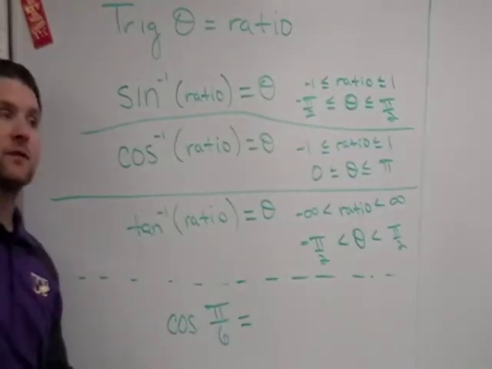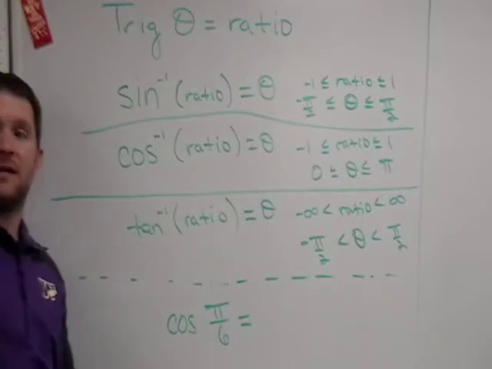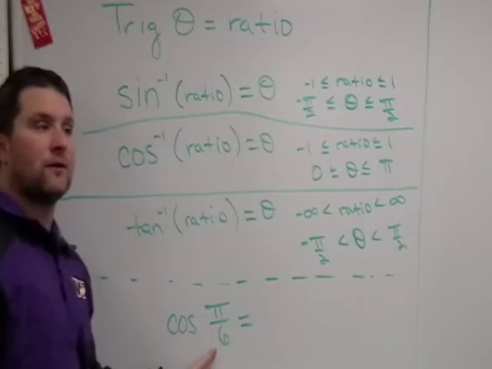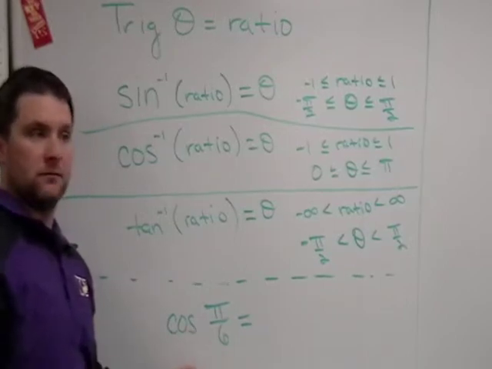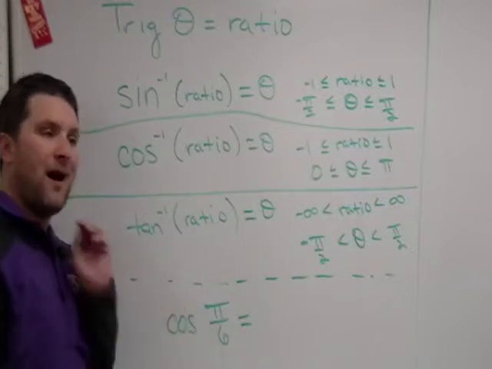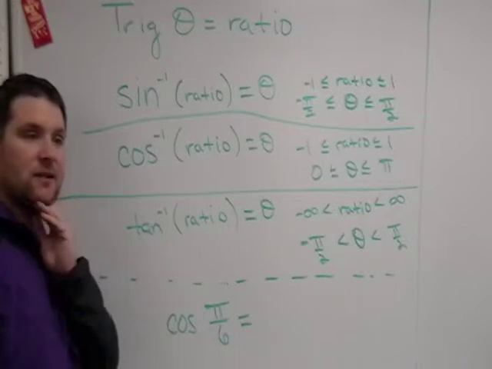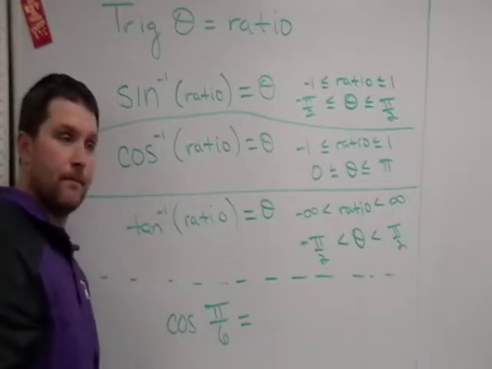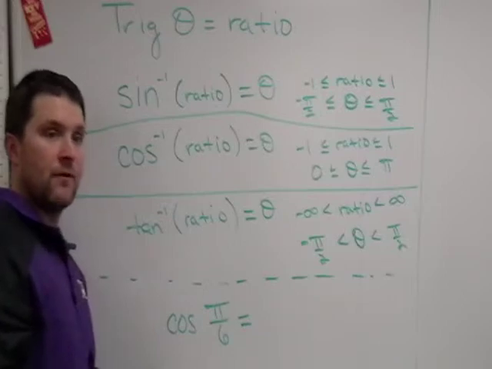Now, is pi over 6 a theta that we've studied in detail? Right? What's the reference angle? 30 degrees. What's the quadrant? 1. Cosine at a 30 degree is what? Cosine is x. So what is it? It's root 3 over 2.